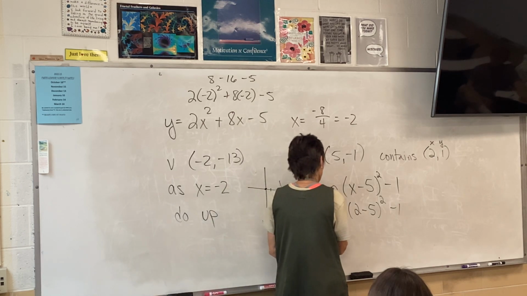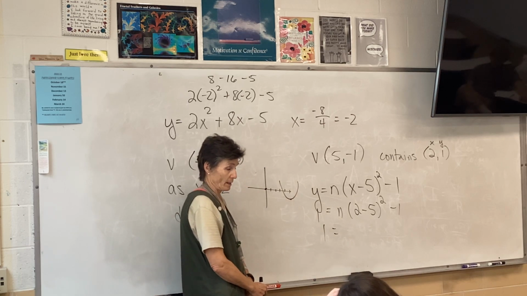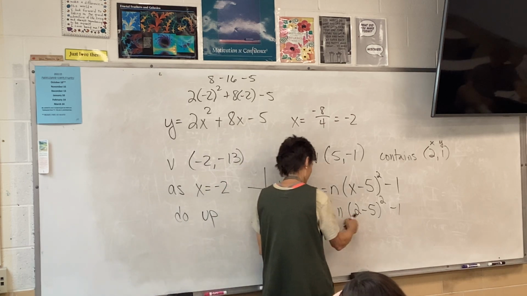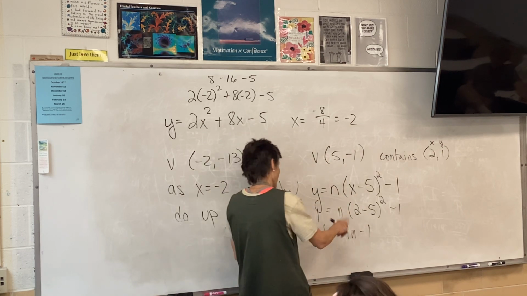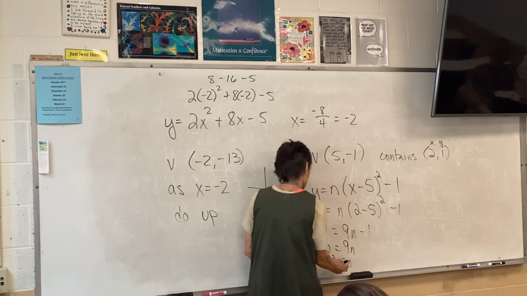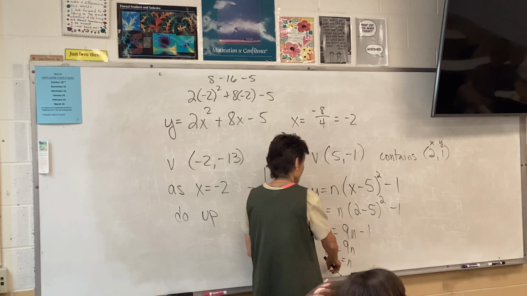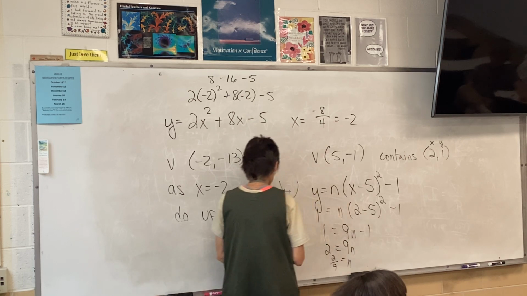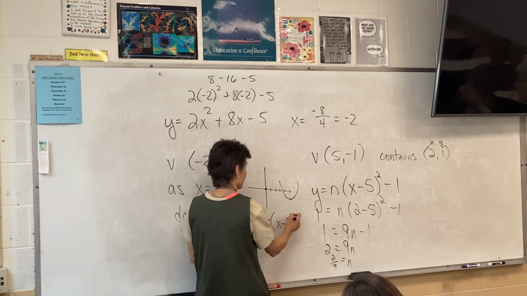Okay, then 2 minus 5 is negative 3 squared is 9, so this is 9a. So we'll add 1. We very often get crazy numbers when we do this, and it's not a problem at all. Because now all I have to do is rewrite my equation with that 2/9 out in front.